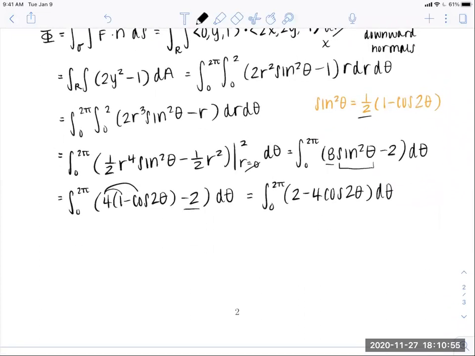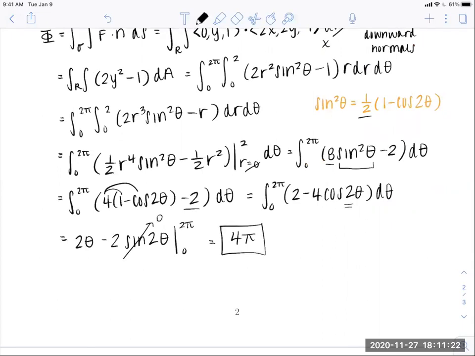We can integrate with respect to theta. This is a 2 theta. I'm going to kick out a 1/2 due to that 2 theta. So that's going to make that a minus 2 sine 2 theta from 0 to 2 pi. This sine function dies at both 0 and 2 pi. So all that's left over here is 4 pi.